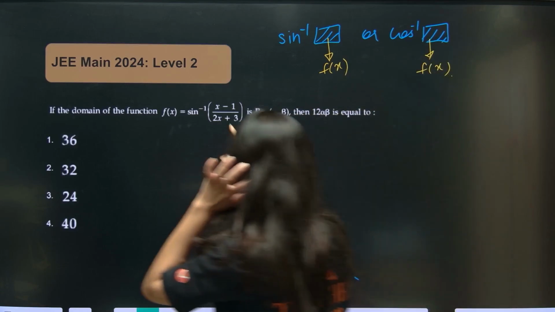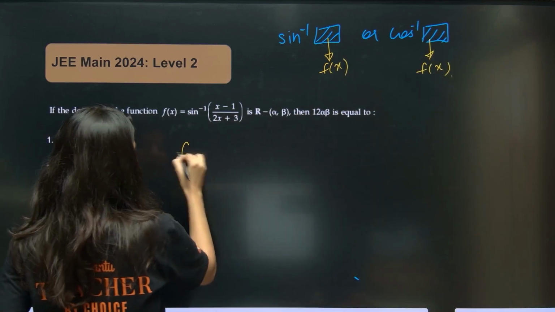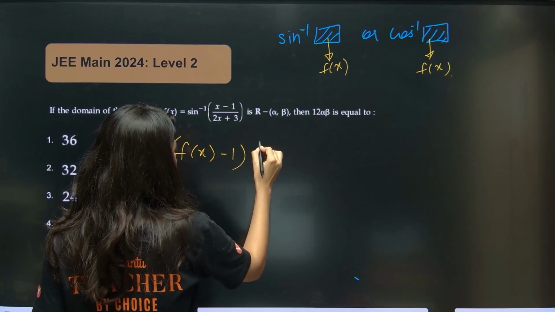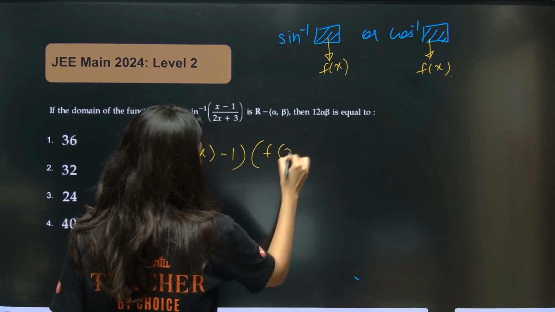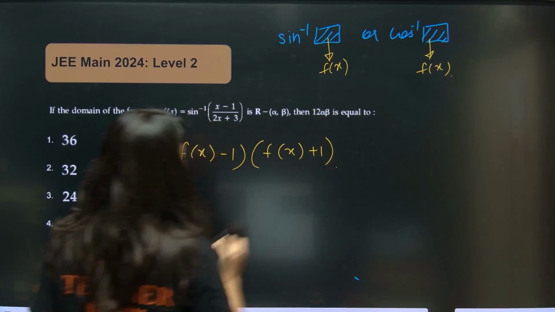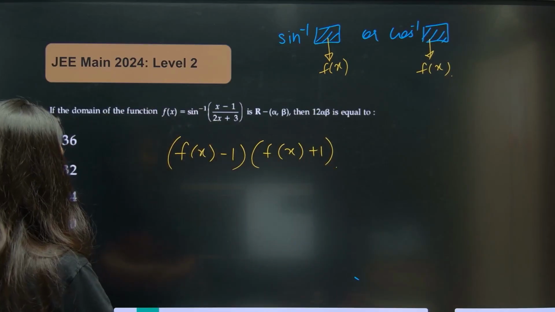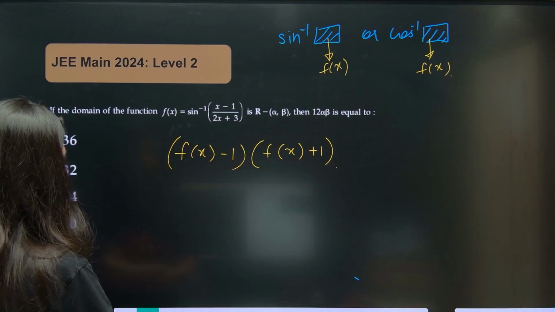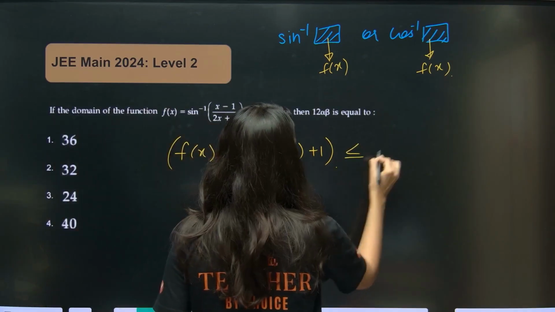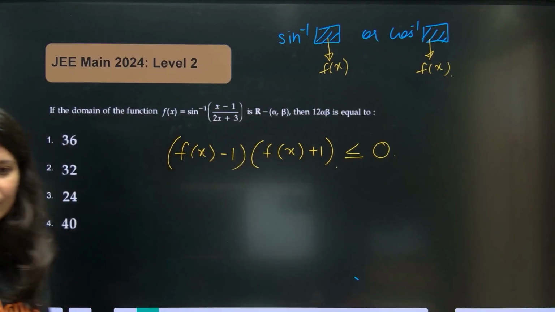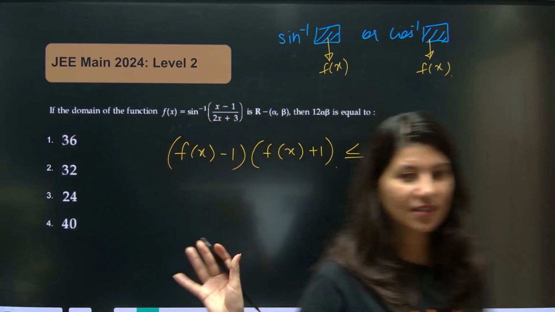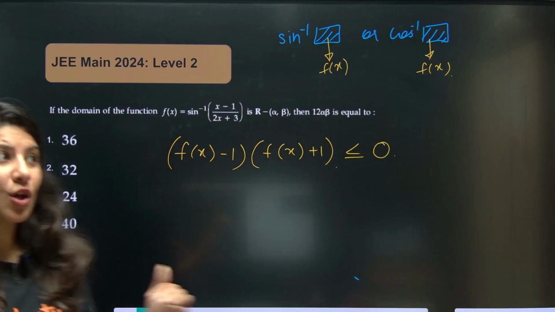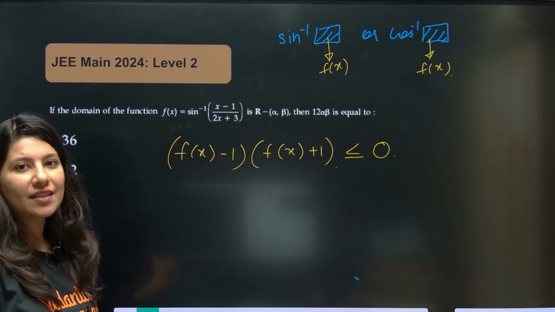What you need to do is, for that expression f of x, f(x) minus 1 and f(x) plus 1 should be less than or equal to 0. Just solve this. One inequality you have to solve. No need to solve multiple inequalities and then take the intersection.